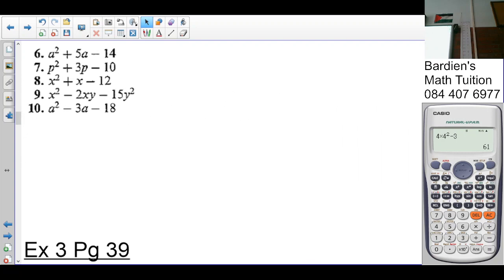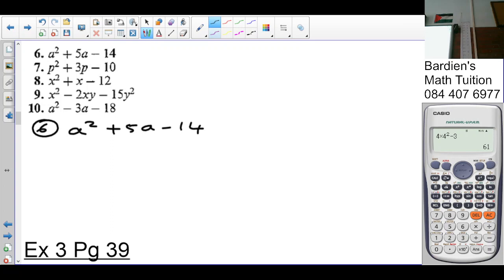Look at number 6. You got a squared plus 5a minus 14. Right. So what do we do right here on the product line? 1 and 14, 2 and 7.